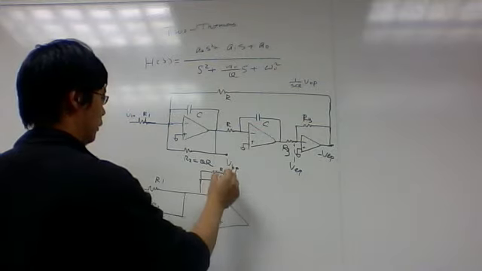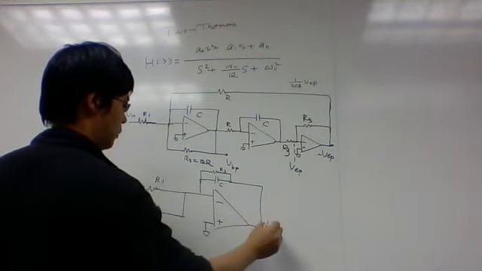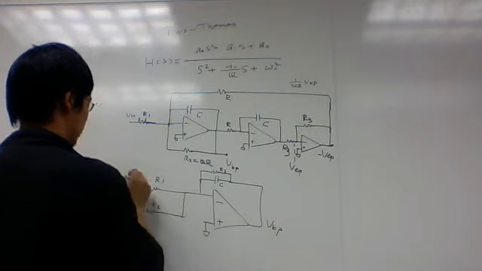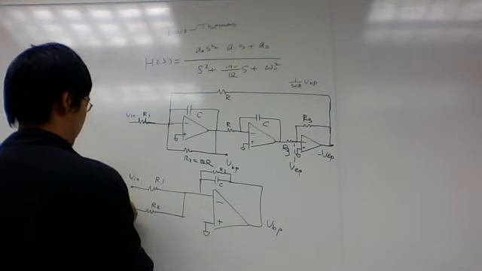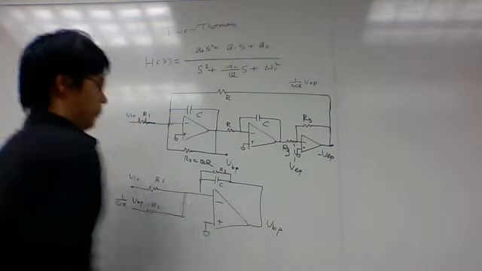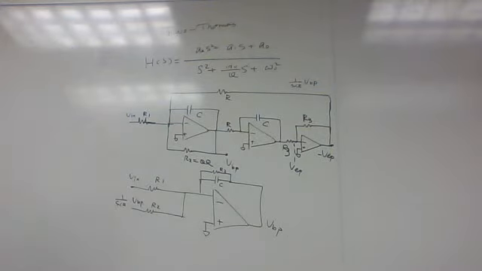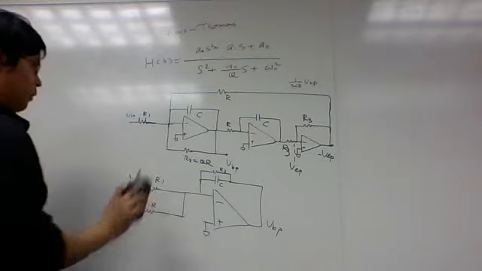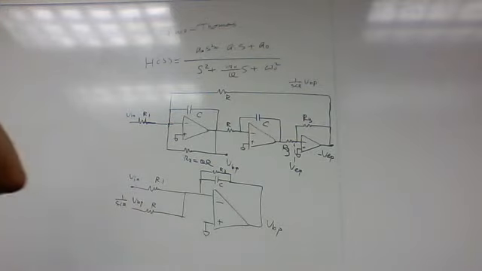This will go to your VBP. This is input. This one is SCR times VBP. Okay. So this is not R2, this is R, right?